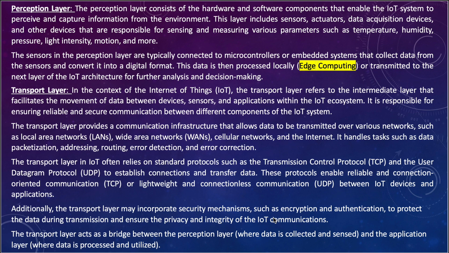And that's why, previously, when we talked about the networking part of it, the transport layer is basically the network layer that uses protocols such as Zigbee, Z-Wave, LoRaWAN, things like that, which consume less electricity, less power to communicate between IoT devices, right? So that is one of the layers.